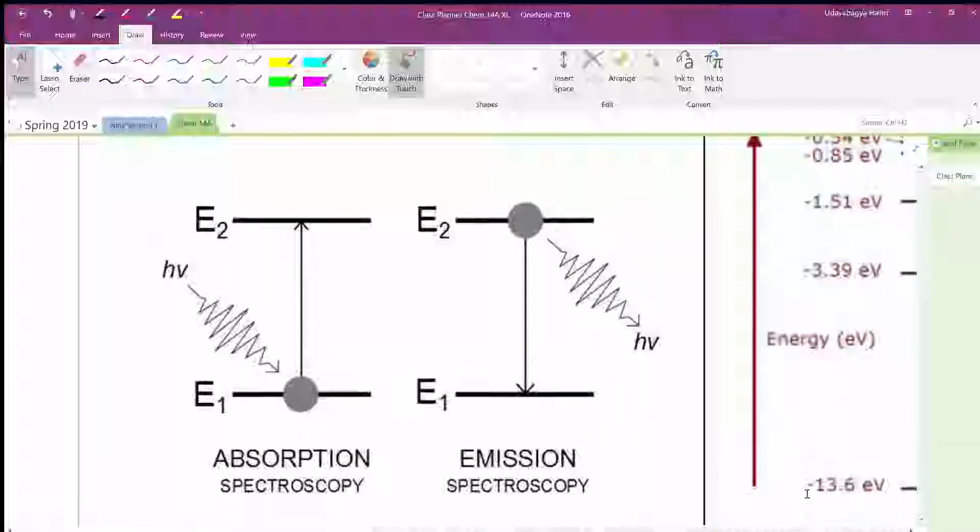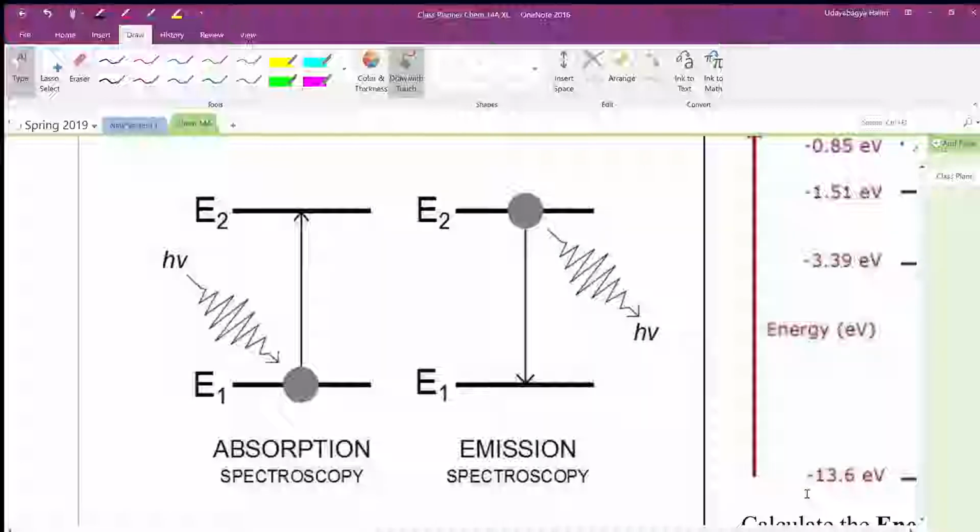Let's see. So why are we talking about light and photons in the first place? More or less because light is the primary method of detection and characterization for different molecules and compounds that one would synthesize in the laboratory, or if you're interested in anything in particular.